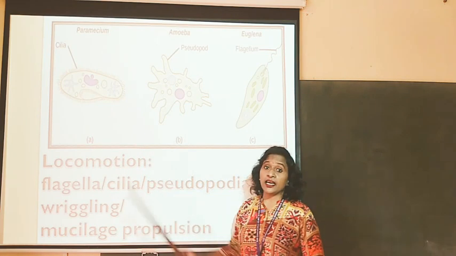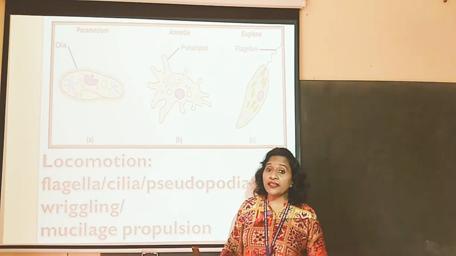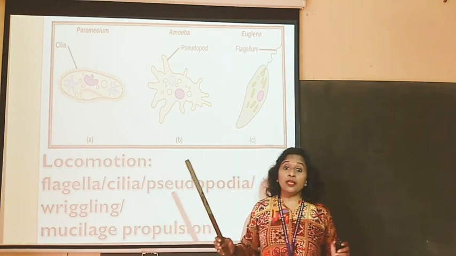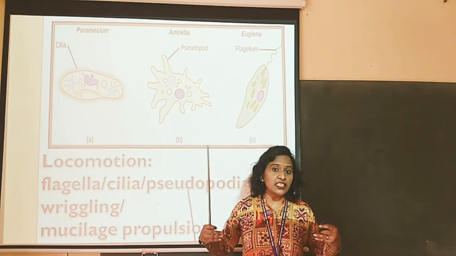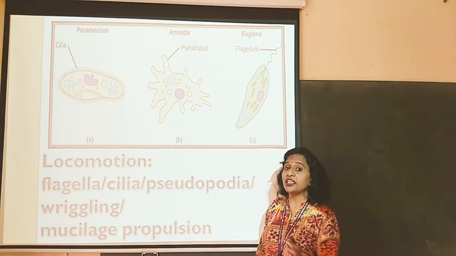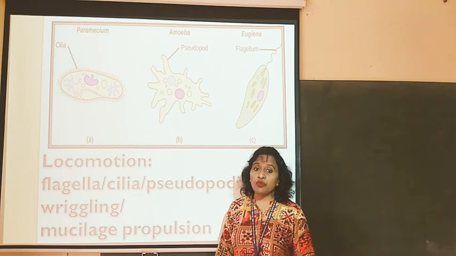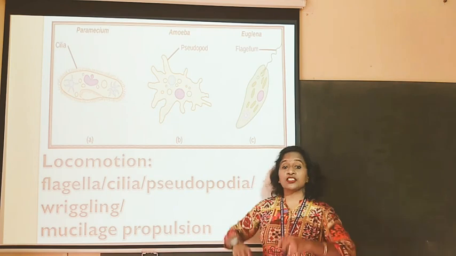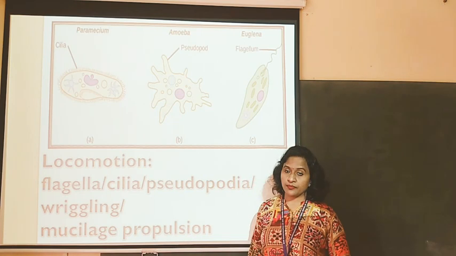Here the cilia act like men rowing a boat. So the cilia will move towards one direction and therefore these organisms are very fast in their movement. They can also reverse back, turn around or tumble in the water.